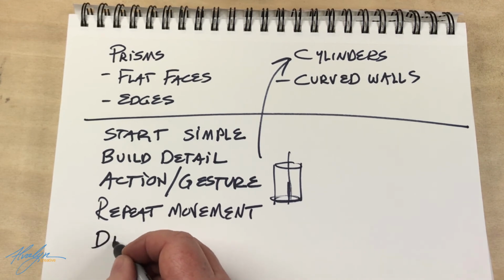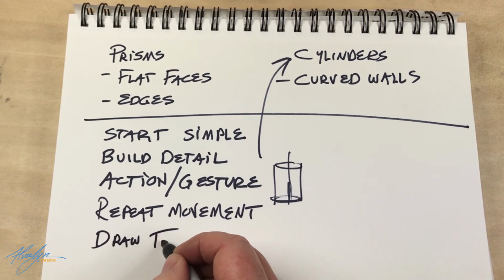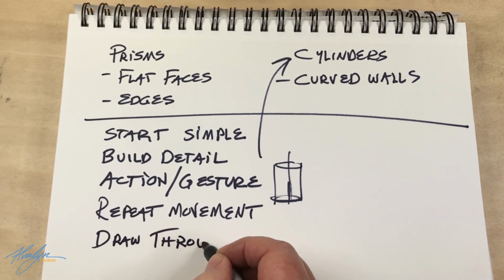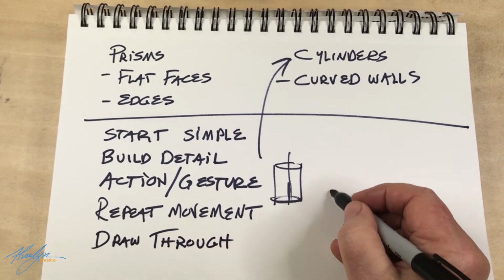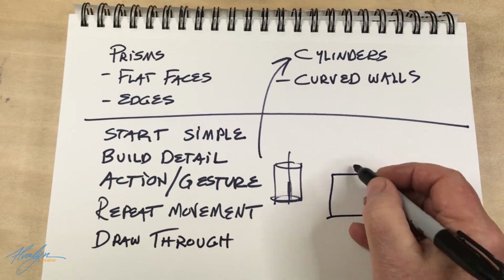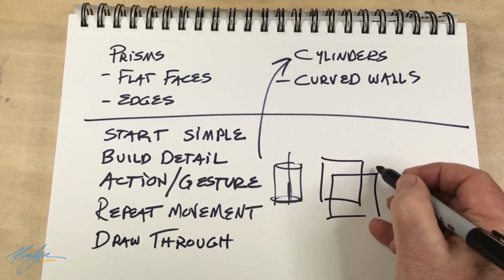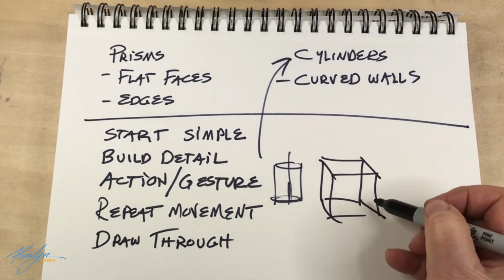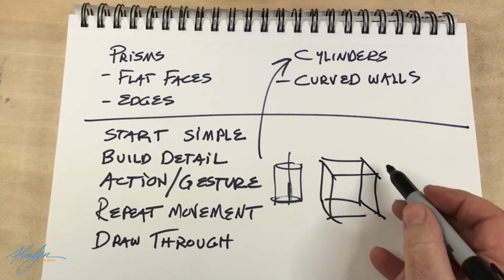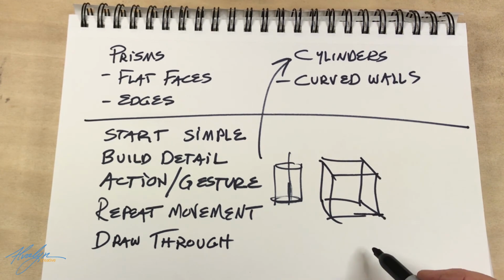Draw through. So you're drawing the object as if it's transparent. So you understand the back side and the front side and all 6 sides of the form.